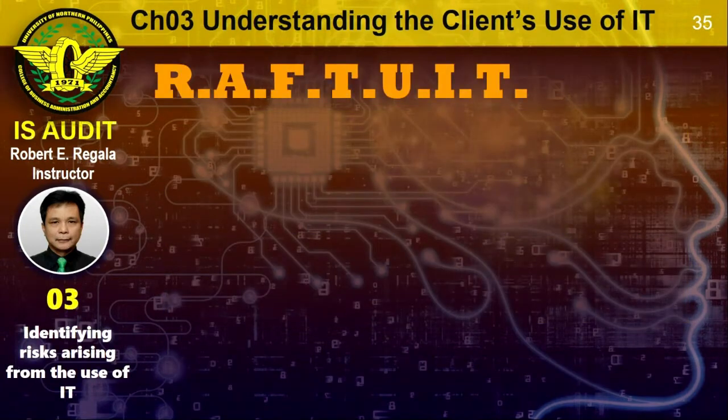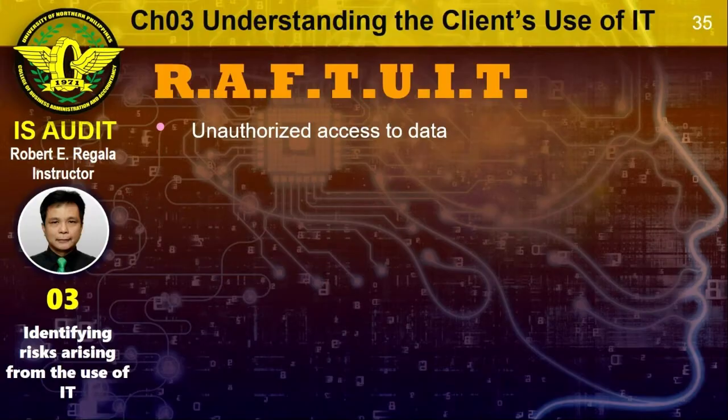Examples of risks arising from the use of IT include risks related to inappropriate reliance on applications that are inaccurately processing data, processing inaccurate data, or both, such as unauthorized access to data that may result in destruction of data or improper change to data, including the recording of unauthorized or non-existent transactions or inaccurate recording of transactions.